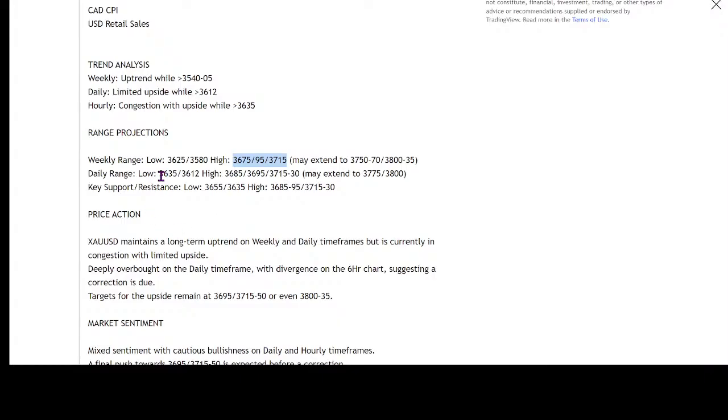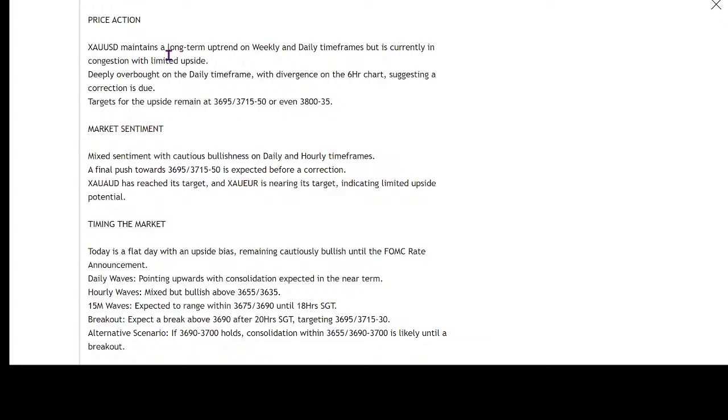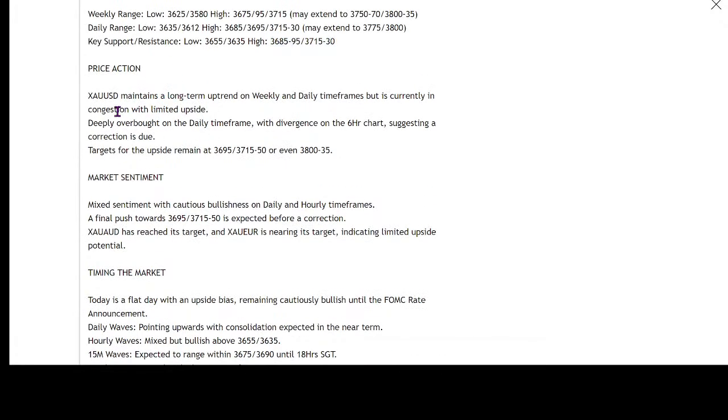So for daily, we are looking at the low 36.35 and 36.12, and on the high side, we are looking for 36.95, 37.15 and 37.30. So the key support levels, these are the levels we are looking for: 36.55 and 36.35, and the key resistance.